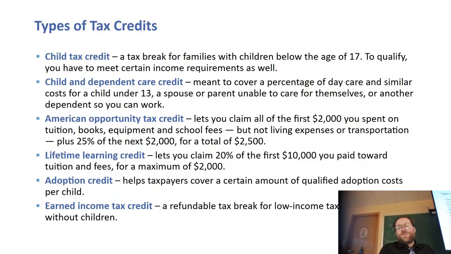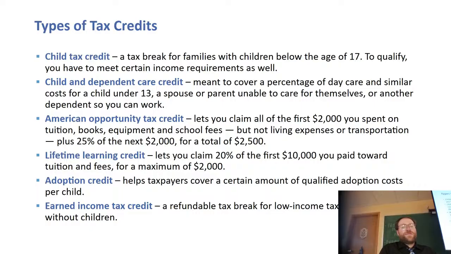The American Opportunity Tax Credit is more of an education one. Tuition, books, equipment, school fees, claim all of the first $2,000 that you spend toward that.